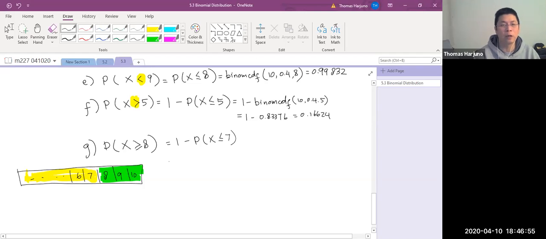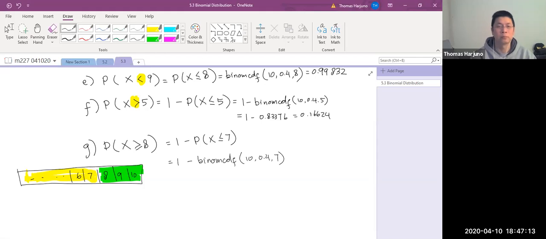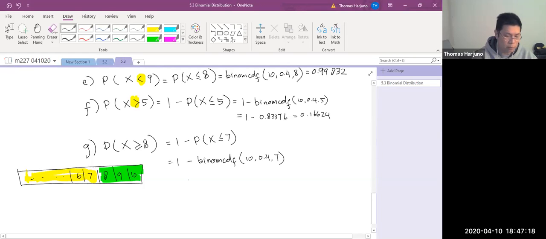Now from here we use calculator: 1 minus binomcdf 10, 0.4, 7. That is equal to 1 minus 0.98771, which is 0.01229.